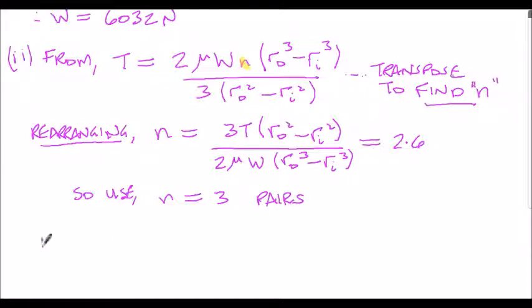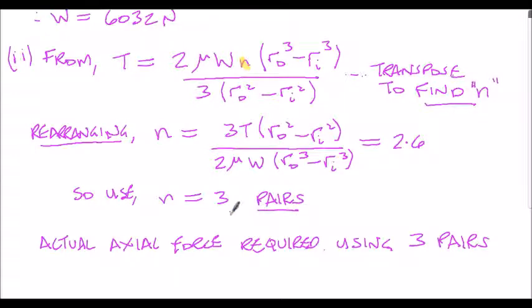So the actual axial force, call it W dash if you like, will be the 2.6 divided by 3 multiplied by the 6,032.